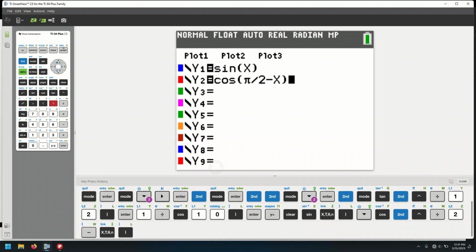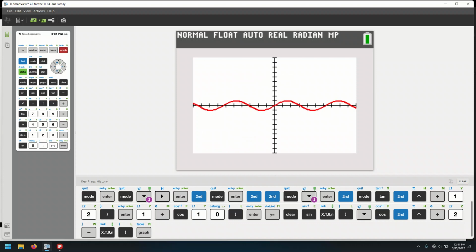All right, let me graph these two functions. Notice how they are the same graph. They're overlapping graphs because cosine is the complement of the sine when shifted 90 degrees.